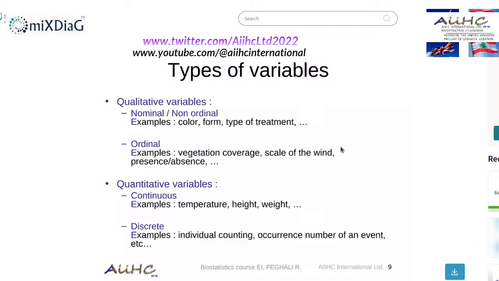Types of variables. We have, like we've said, many types of statistical variables. I've described them quickly. So we have qualitative variables. It's nominal, non-ordinal. It's the color, the form, the type of treatment. For example, red, blue, yellow, violet, and so on.